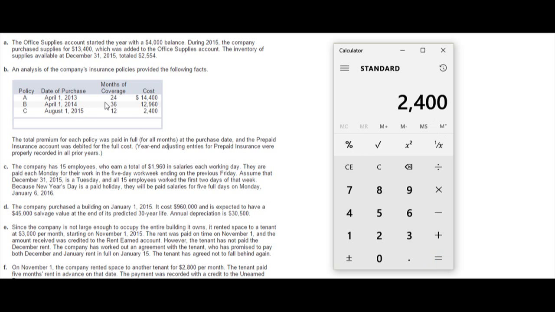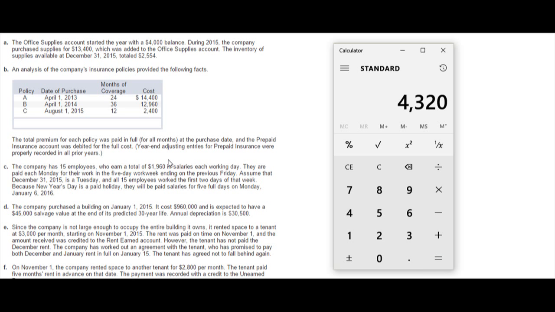For B, it was purchased April 1st, 2014, so it goes till March 31st, 2017. This is 2015, so we would have a whole year's worth, correct? $12,960 divided by 36 equals 360 times 12. I did that the long way, or 4,320.